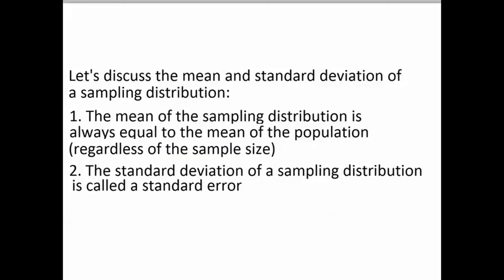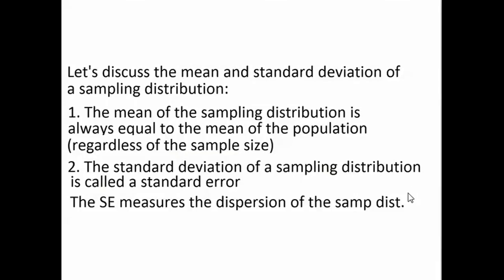So if you calculate the standard deviation of a sampling distribution, you would call it the standard error of the sampling distribution, even though it really is just a standard deviation. So this is kind of just an example of statistical terminology. We talked about how the standard deviation is a measure of dispersion. So the standard error is a value that measures the dispersion between the values in a sampling distribution.